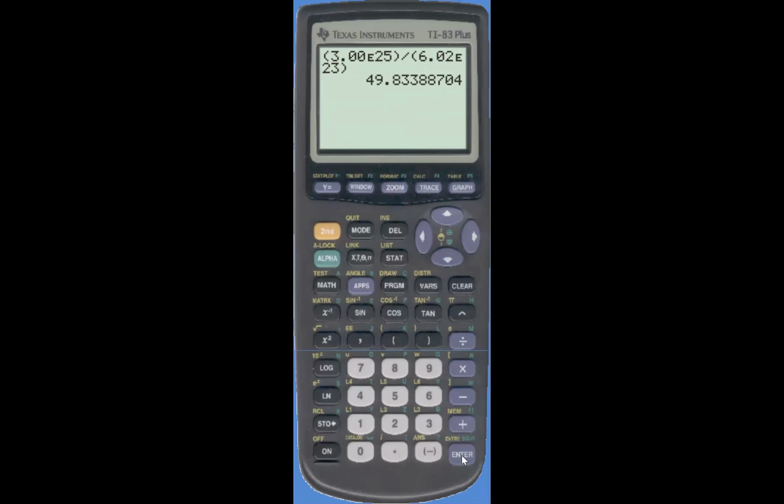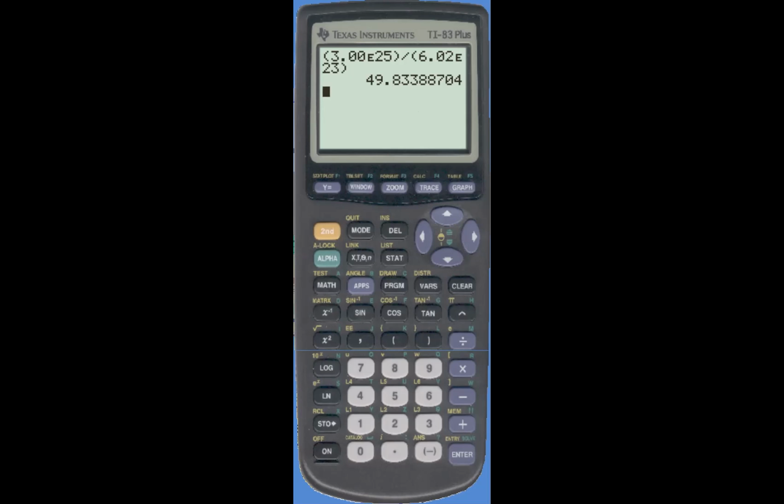And we get 49.833 and a bunch of decimal places. So I'm going to write down a few of those things. 49.8338 moles. My formula units cancel. But I don't want to round right away at the beginning. We always leave the rounding till the very end in terms of accuracy.